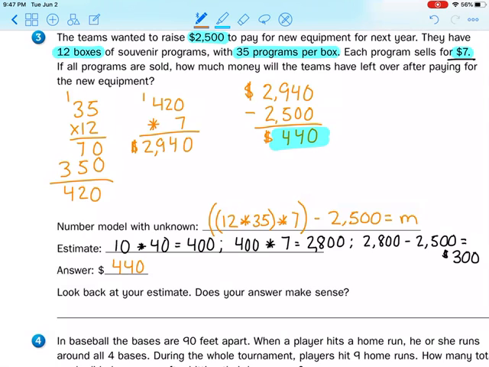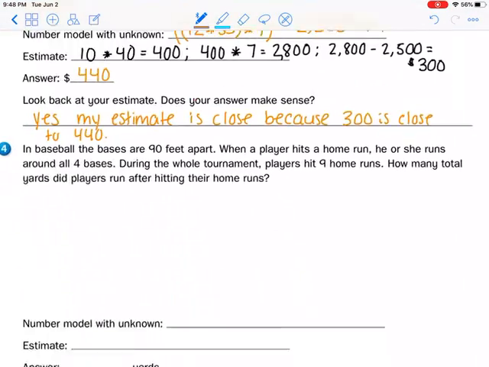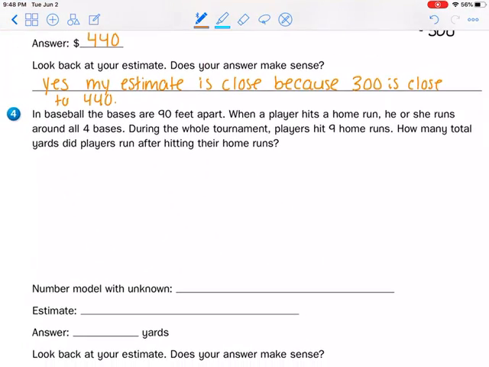And yes, my estimate is close because 300 is close to 440.